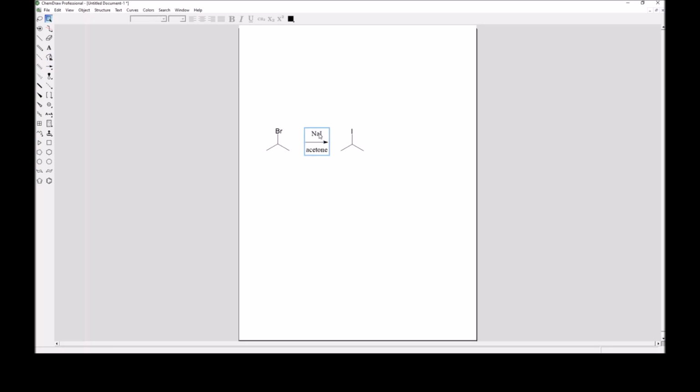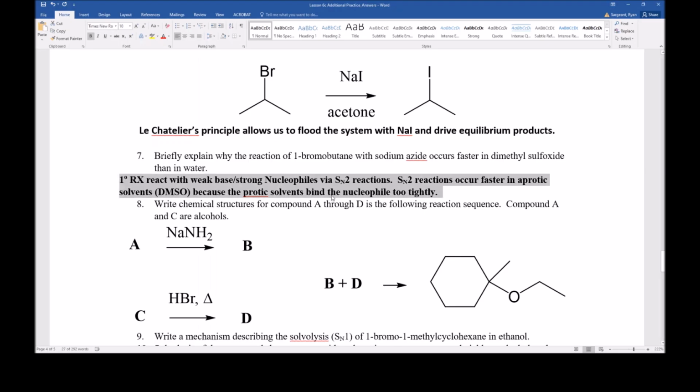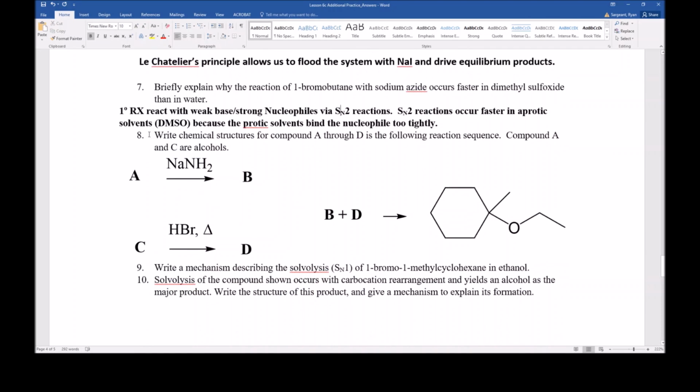Water will also dissolve sodium iodide, but when it does that, the water forms a complex shell around the iodide and actually prevents the iodide from doing any other chemistry. Water is a protic solvent, and it dissolves your nucleophile too well and gums it up. So for an SN2 reaction, we want to make sure that we use a polar aprotic solvent.